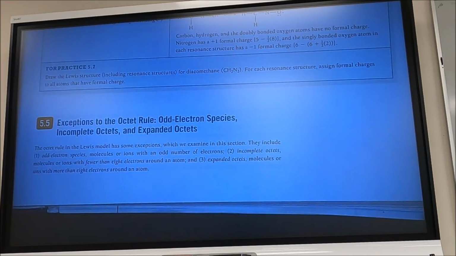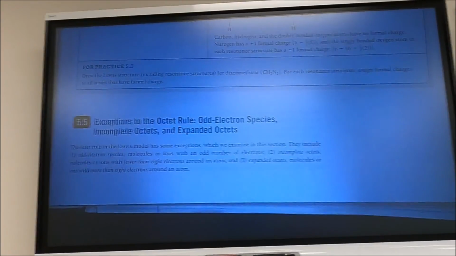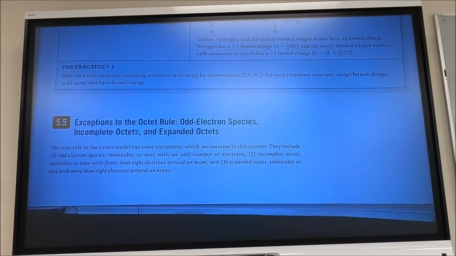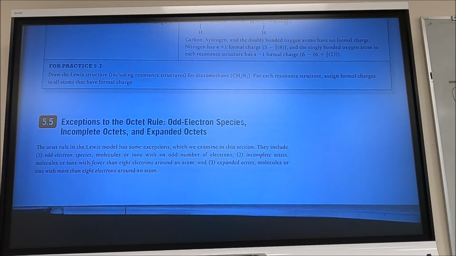Okay. All right, guys. Now, here's something that I won't do to you, but you might see it in mastering. It says, draw the Lewis structure, including resonance structures for diazomethane, CH2N2. Okay? For each resonance structure, assign formal charges to all the atoms that have formal charge.